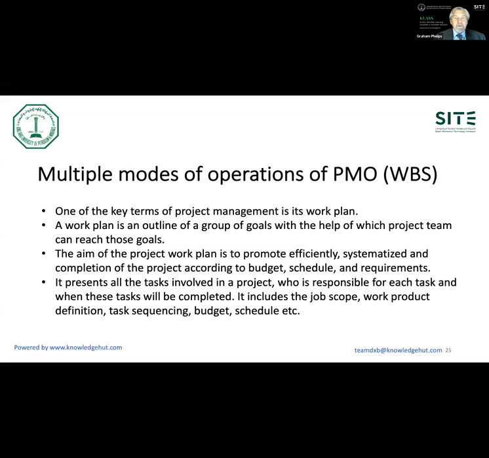So for example, if one of the pieces of work was a user survey to understand the most important requirements from the user's point of view, if we're talking through our computer project, then who is responsible for that? When do they need to get it done by? And what is the key information they need? And how much can they spend, both in time and in money, as something that perhaps could be outsourced to a third-party supplier.